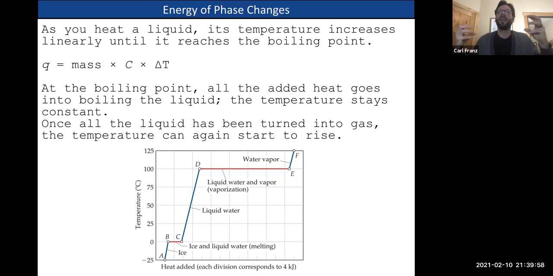Because all that energy is going into the change in the arrangement of the molecules involved in that phase change, okay?